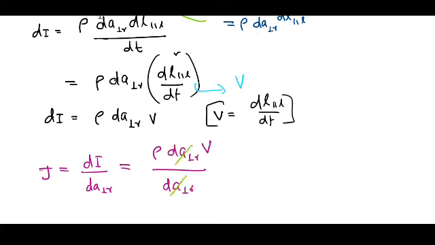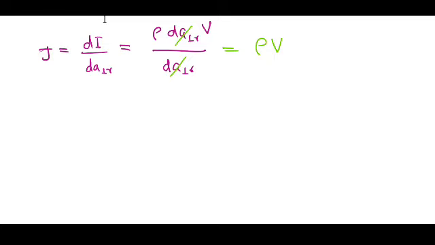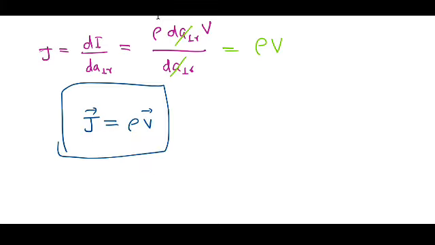These two cancel out, and we are left with rho V. Therefore, the final result is J is equal to rho V. This is the volume current density.